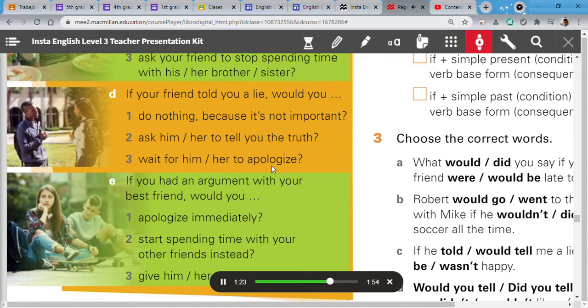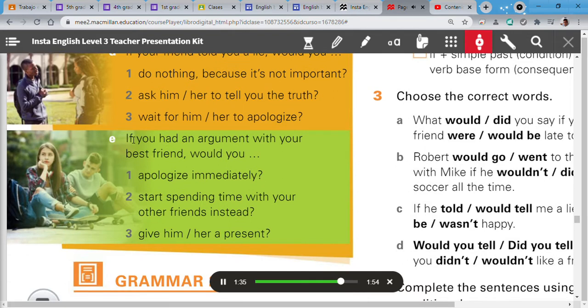Ask him, her to tell you the truth? 3. Wait for him, her to apologize? E. If you had an argument with your best friend, would you 1. Apologize immediately? 2. Start spending time with your other friends instead? 3. Give him, her a present?